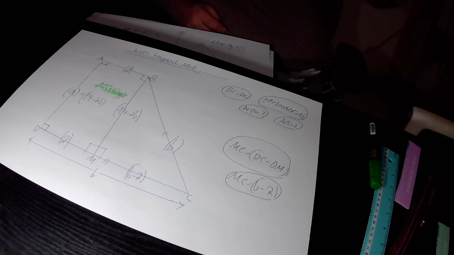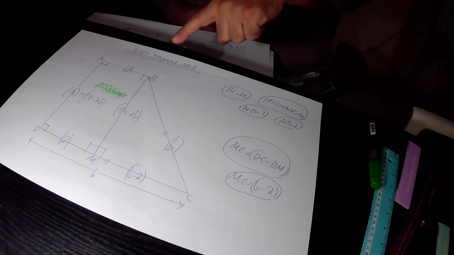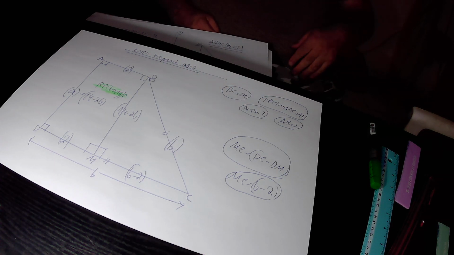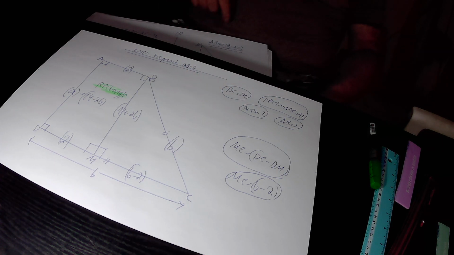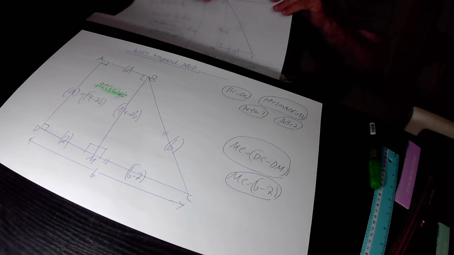In the next step, I copied this right triangle BMC onto a new page and applied the Pythagorean theorem to it. According to the Pythagorean theorem, in any right triangle, the square of the hypotenuse equals the sum of the squares of the other two sides.